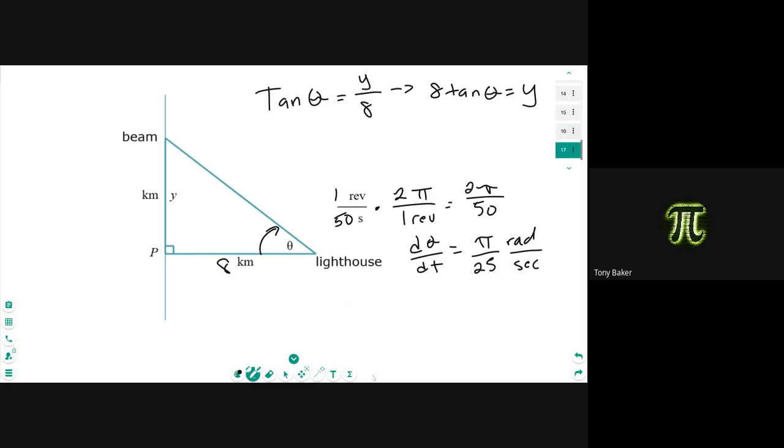Now we need the derivative of that. What's the derivative of tangent? Secant squared. So dy dt equals 8 secant squared theta times d theta dt.